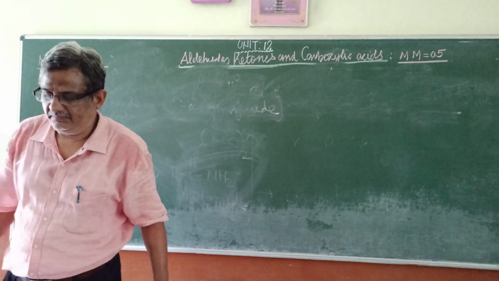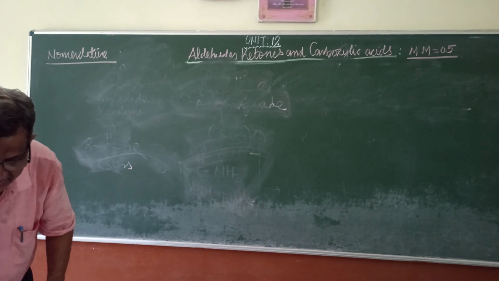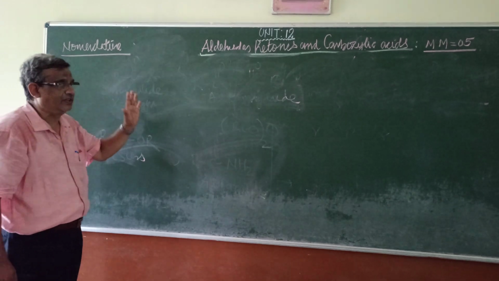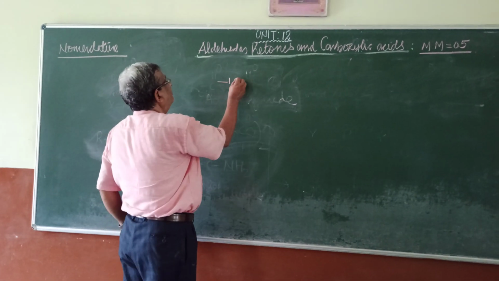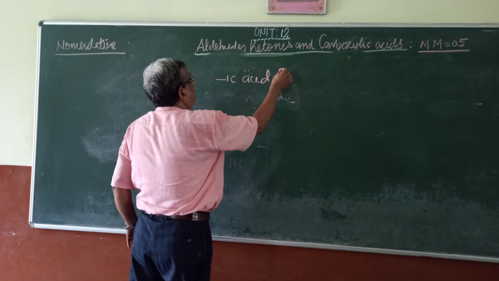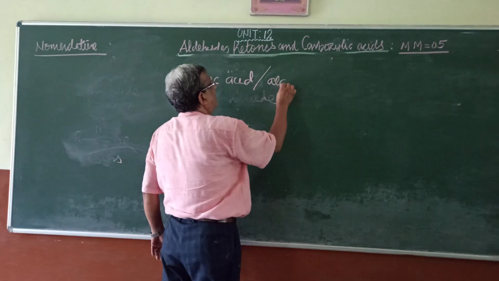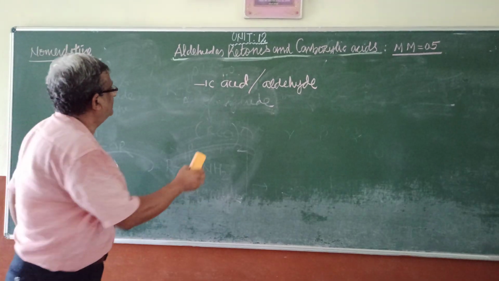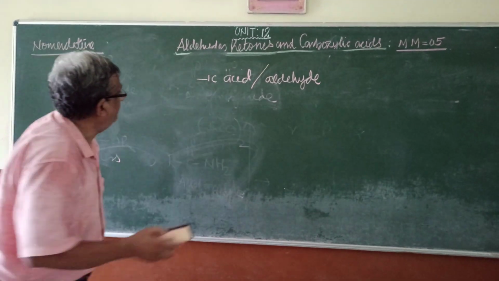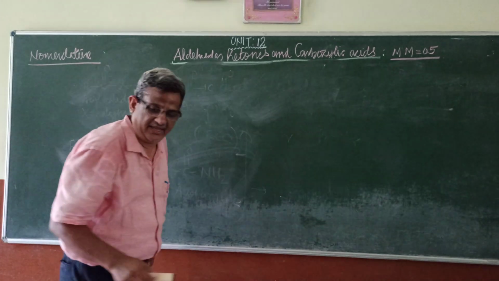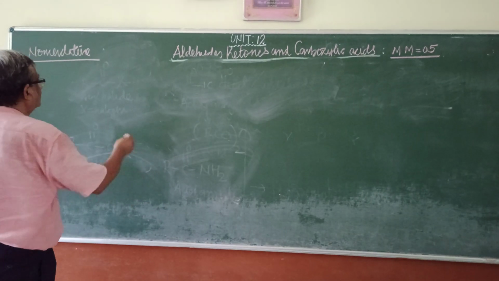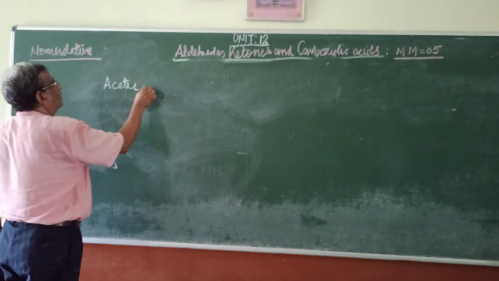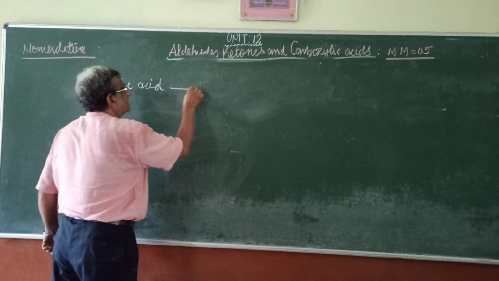In common system, aldehydes are named according to the name of the corresponding carboxylic acid. We remove ic acid and we replace this ic acid by adding the word aldehyde. I have a very good example here. I have here the acid, acetic acid. This is your acetic acid.